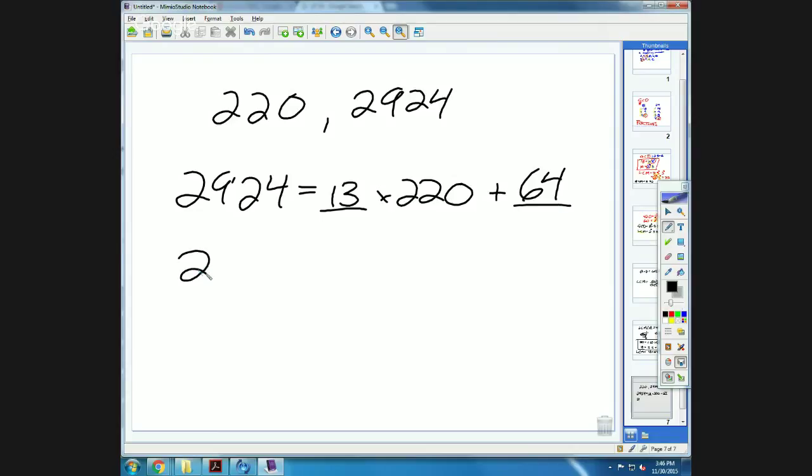So we're going to rewrite 220 as some number of 64s with a remainder. It goes in 3 times. 3 times 64 is 192. So then we have 28 left over.